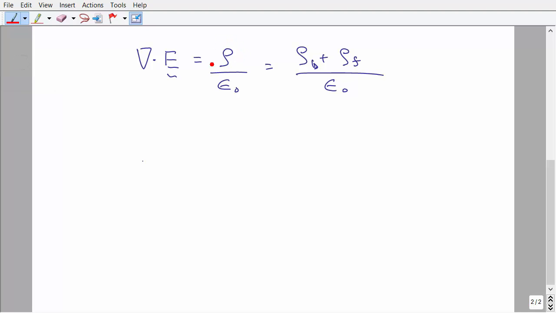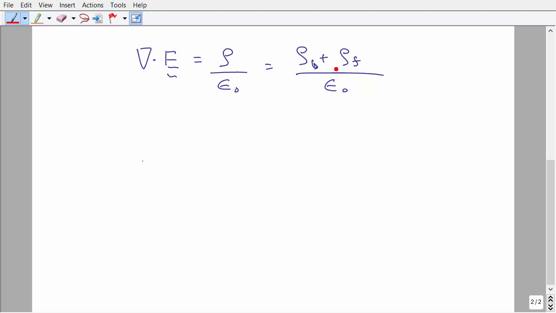So rho is always the total charge, and as far as the divergence of E is concerned, it doesn't matter whether the charge is bound charge or free charge. Charge is charge. We make a distinction here because it's useful to us. Bound charge comes from the negative divergence of the polarization. Free charge is extra charge that we would inject into the material. But as far as Maxwell's equations are concerned, it doesn't matter where the charge comes from.